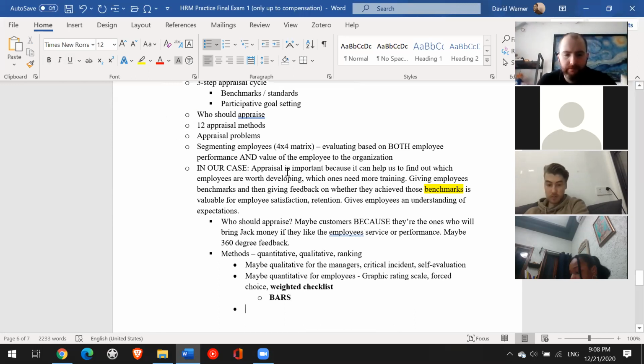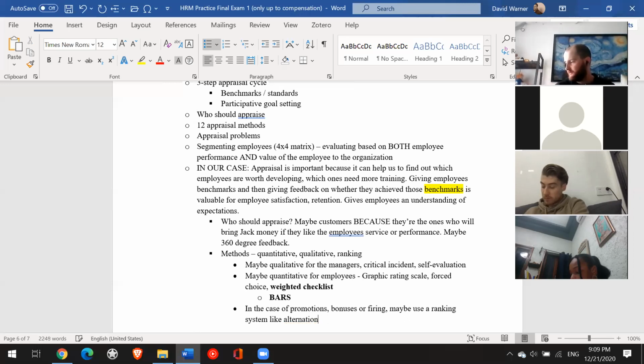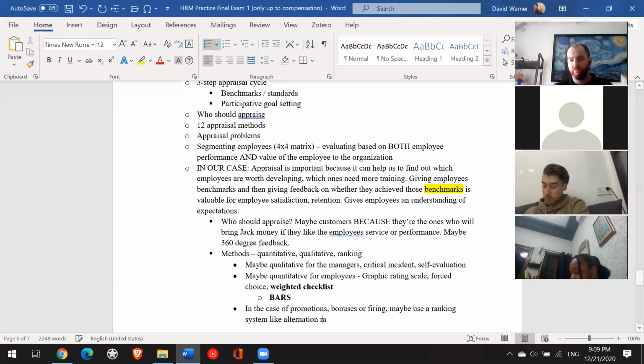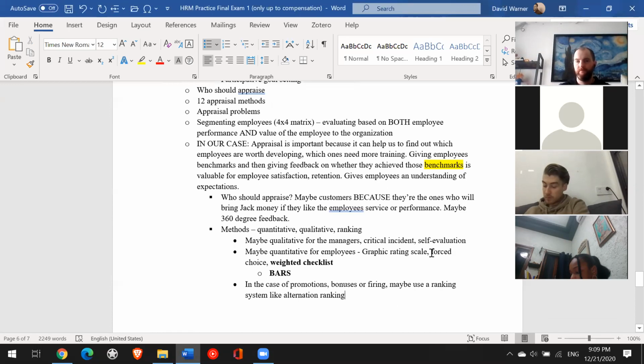Okay, so in the case of promotions, bonuses, or firing, maybe use a ranking system like alternation ranking. Why would you recommend that, Bella? Because when you have to choose only one person to either promote or fire, then I think the ranking method is going to be more useful.